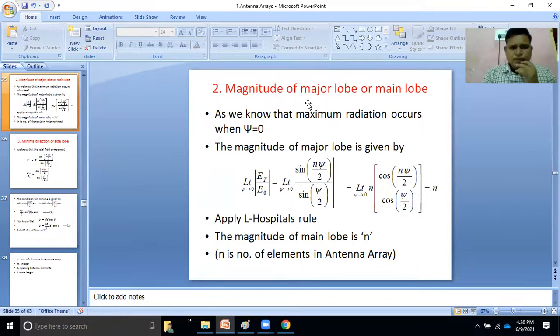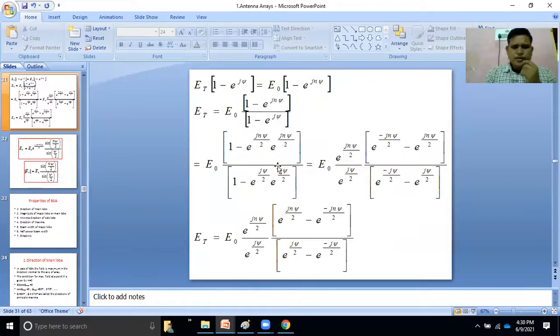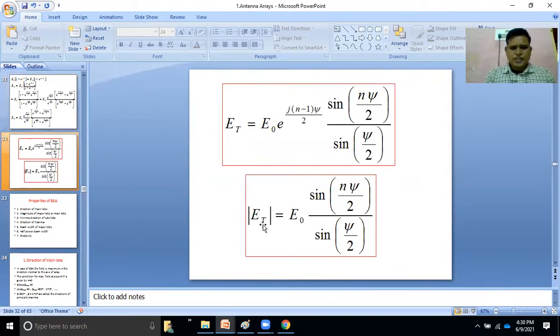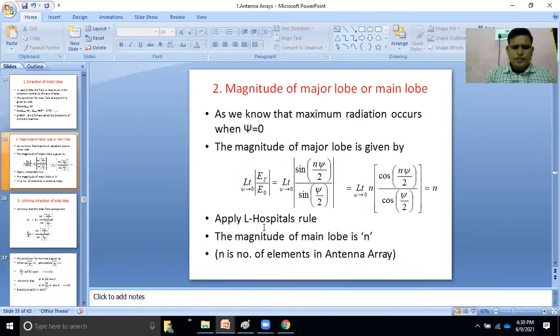Similarly, the magnitude of the major lobe or main lobe: we know that the maximum radiation occurs when psi is equal to 0. Substitute psi equal to 0 in the expression for the electric field intensity magnitude. ET by E naught, when psi tends to 0, is equal to the limit psi tends to 0 of sin n psi by 2 divided by sin psi by 2.